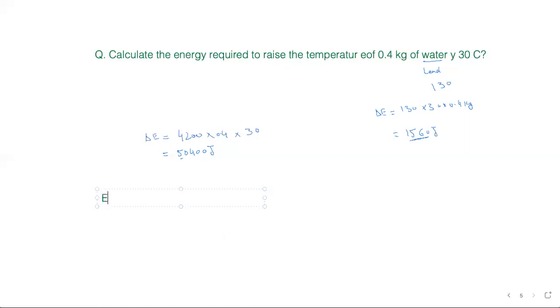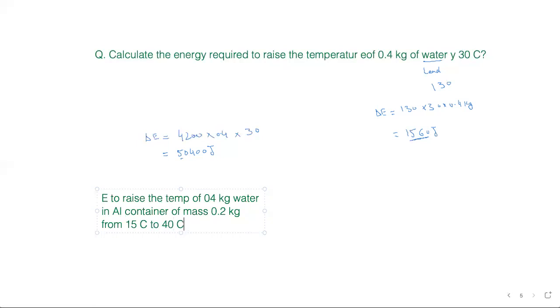We again need to calculate the energy to raise the temperature of 0.4 kilogram of water in an aluminium container of mass 0.2 kilogram, from 15 degrees centigrade to 40 degrees centigrade, because we want to take a bath. That's why we need 40 degrees centigrade.